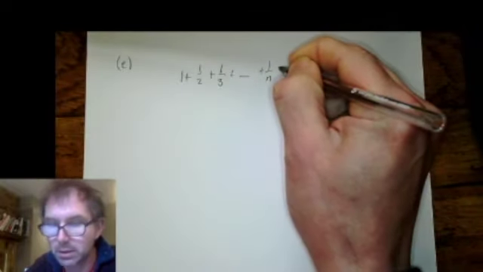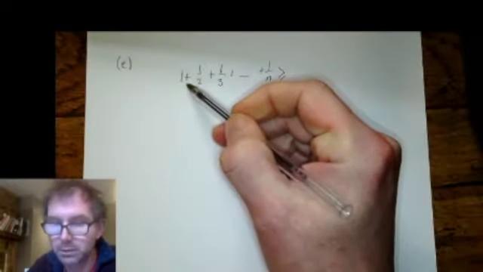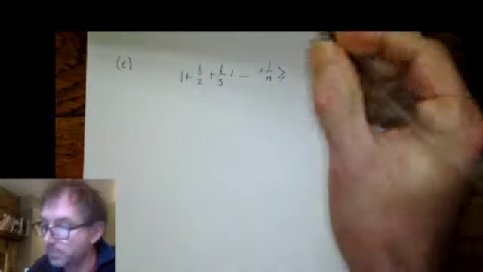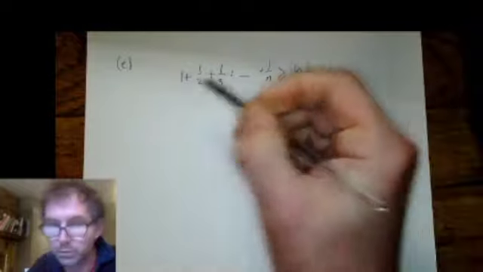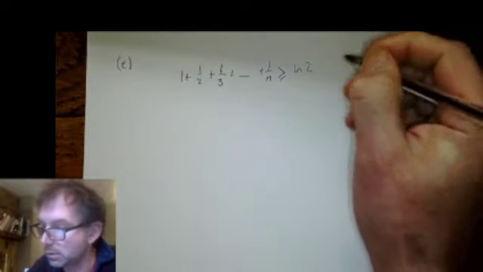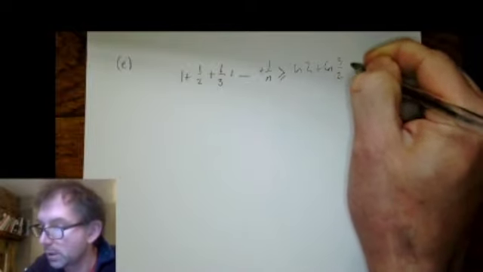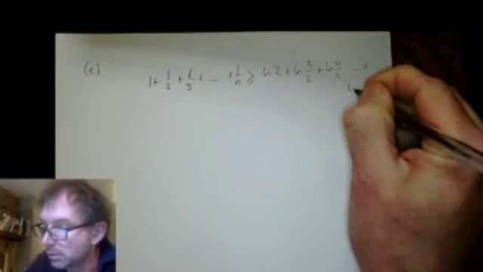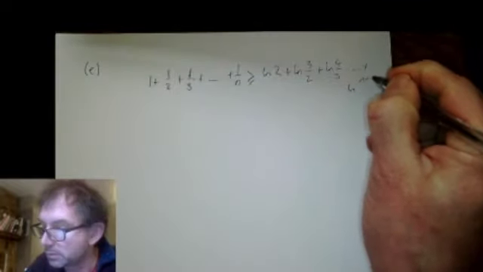So if n were 1, we would get log of 2. If n were 2, we would get log 3 over 2, and you just keep going, 4 over 3, all up to log of, so 1 over n is bigger than or equal to log of n plus 1 over n.